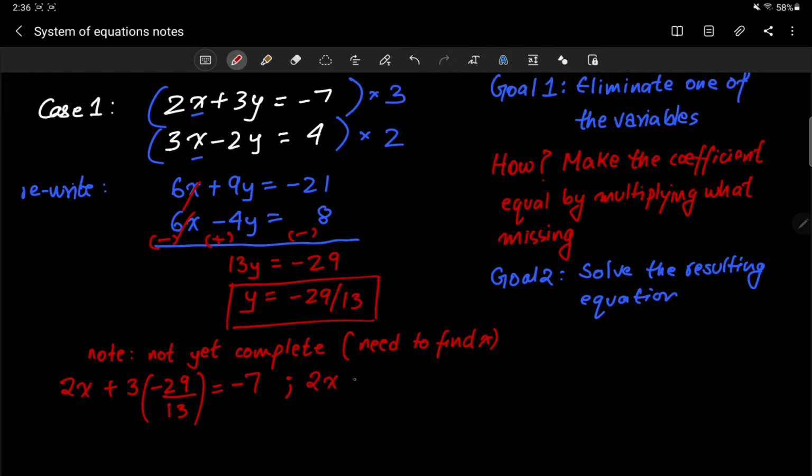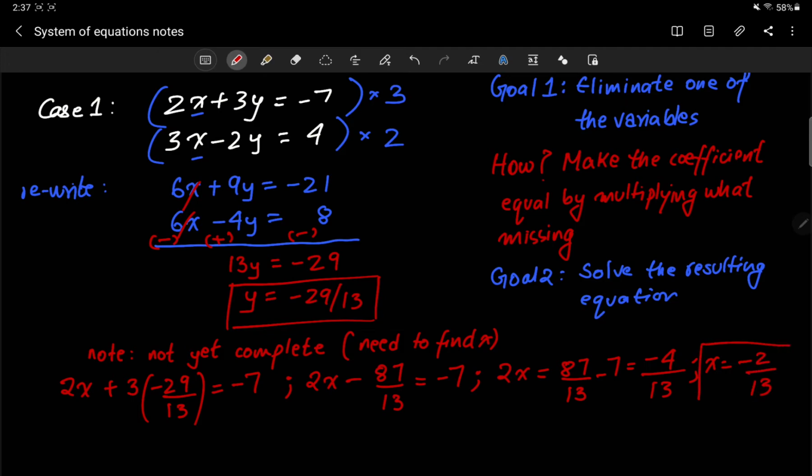That gives me 2x minus 87 over 13 equals negative 7. 2x equals 87 over 13 minus 7. That's negative 4 over 13. So x is negative 2 over 13.